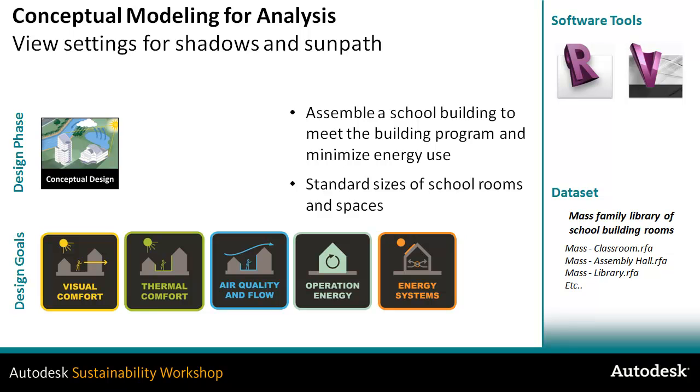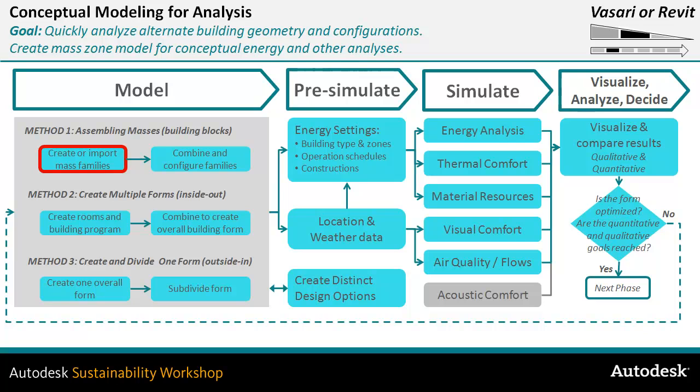You'll then be able to work with that model for certain design goals like analysing the energy or looking at airflow around the buildings. So in the big picture here, at the modelling stage you're creating or importing mass families, which you're then going to combine in the project environment.